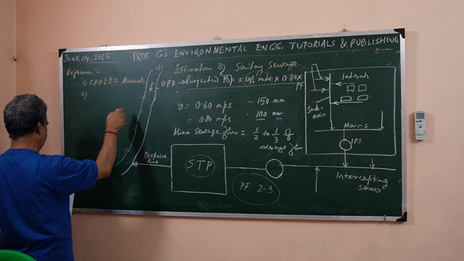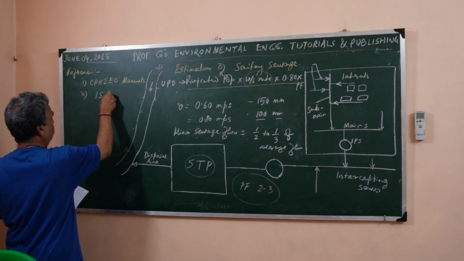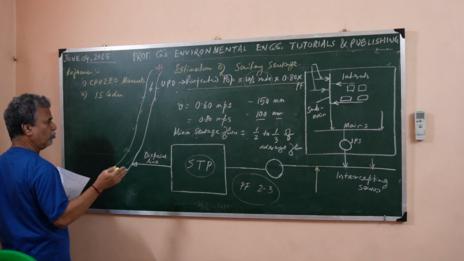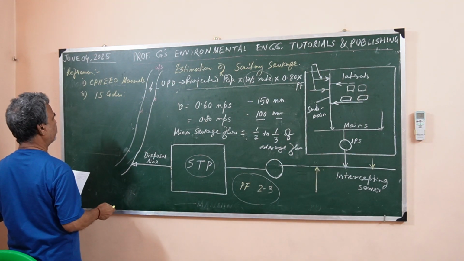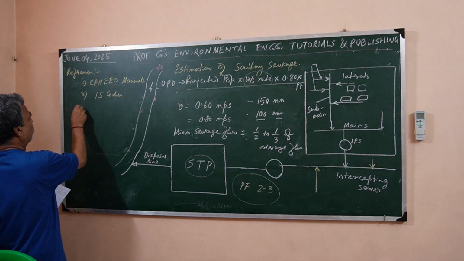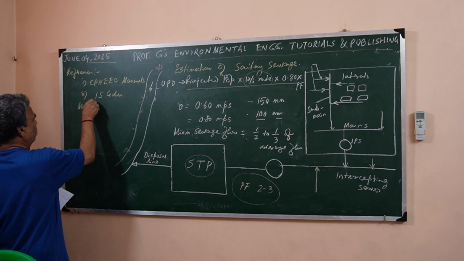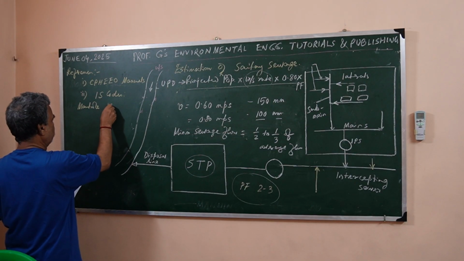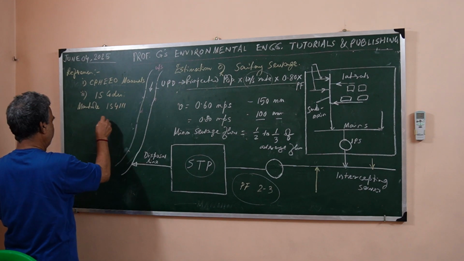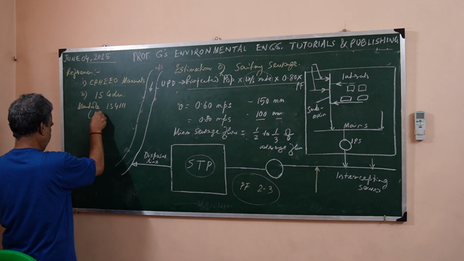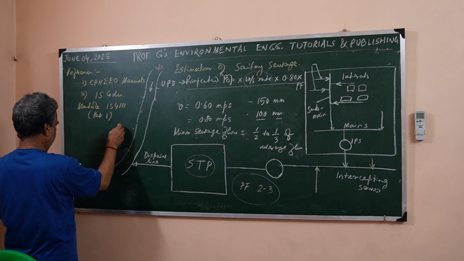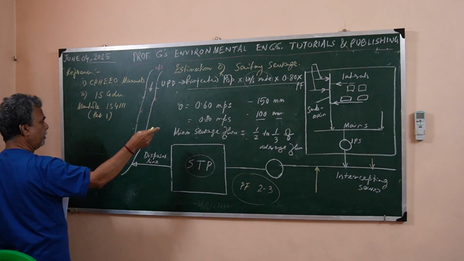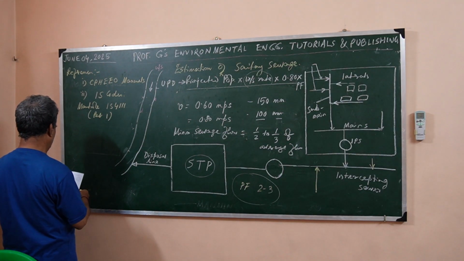So the CPHO manual, and various IS codes could be used and consulted. For manholes, a series of IS codes is there, for example IS 4111 part 1. And also IS 1172, already discussed, how to find out the flow and all.